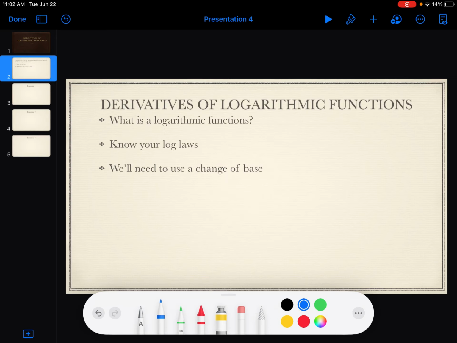Like I said, you're going to need to know your log laws, and I'm just going to give a quick refresher of what I mean. A logarithmic function is basically something like log base 10 of x. You probably recall these from pre-calc 12.